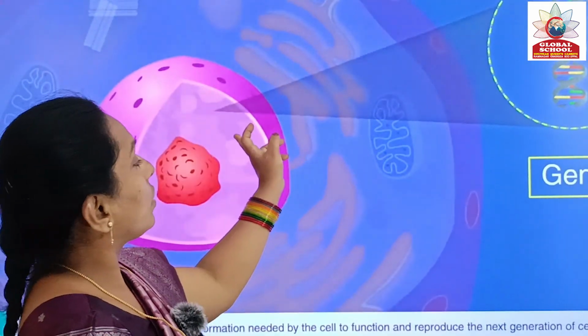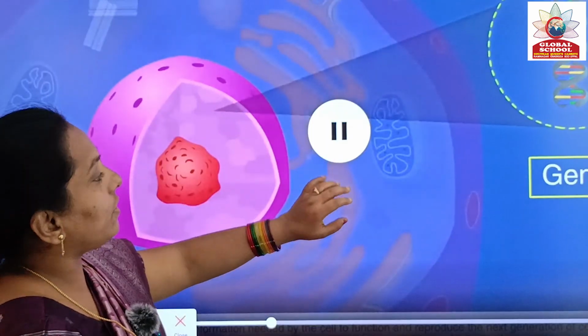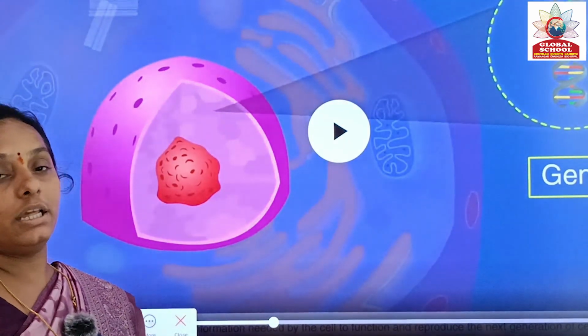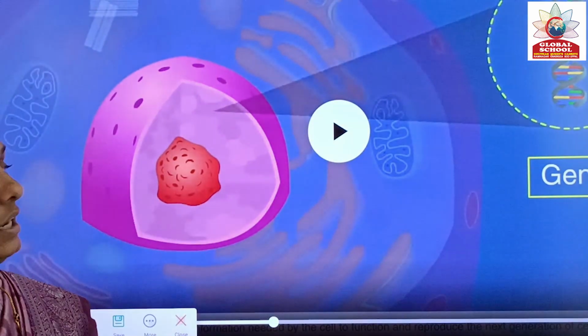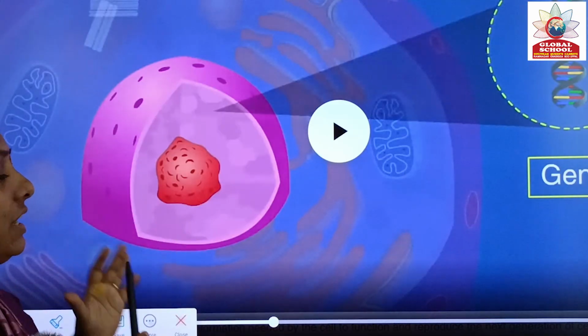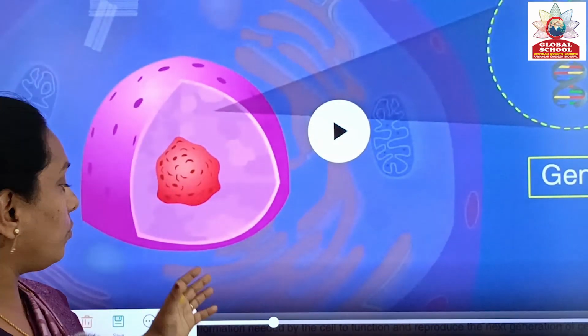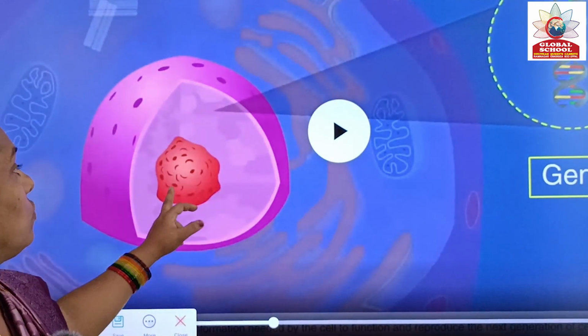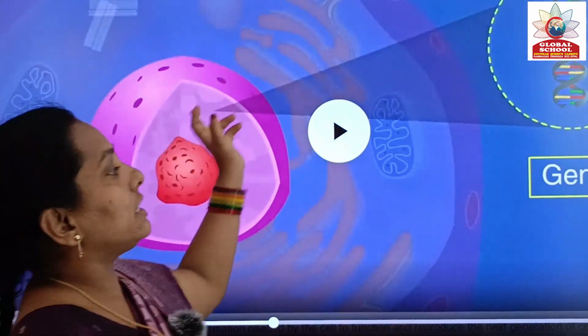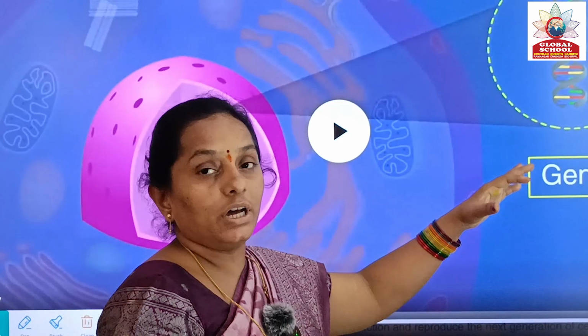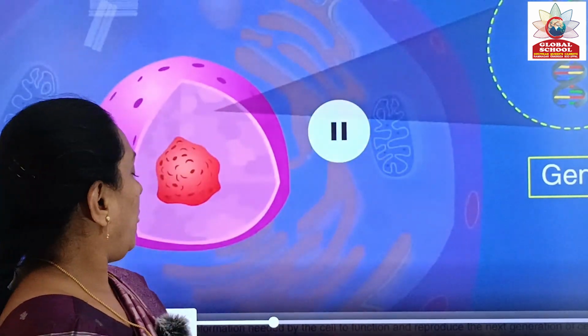This is called the nucleus, and in this we have the complete genetic material of a living organism, which gives the complete information inherited from its parent cell. So what do we have in the nucleus? Genetic material or the genes of a living organism.